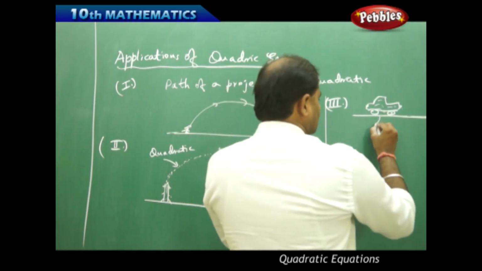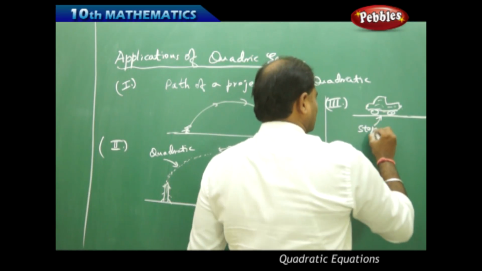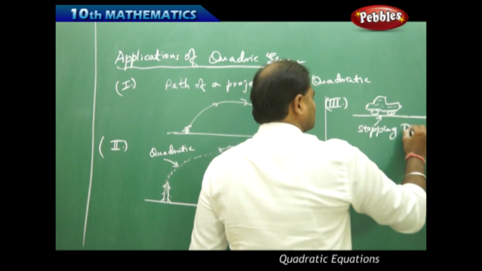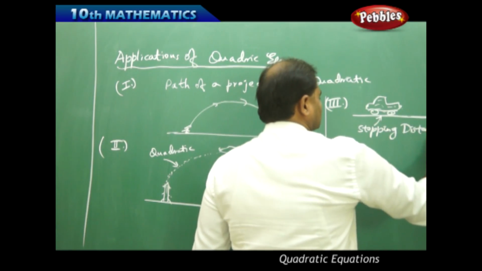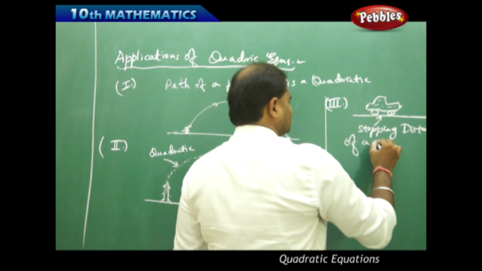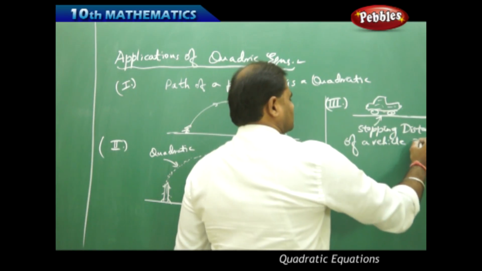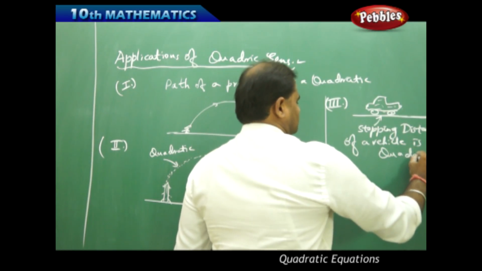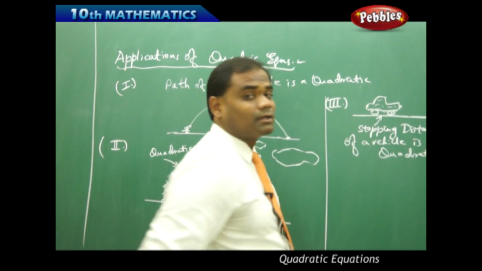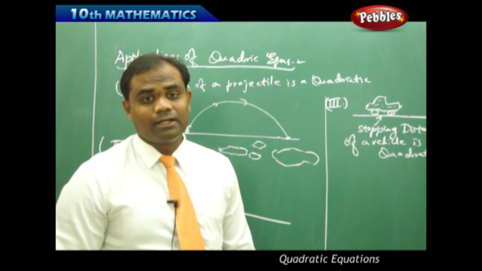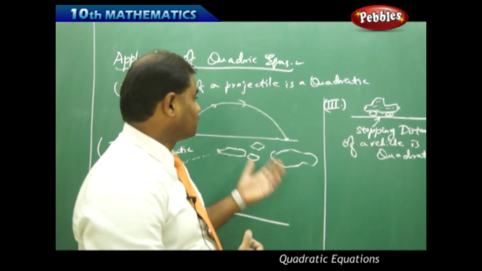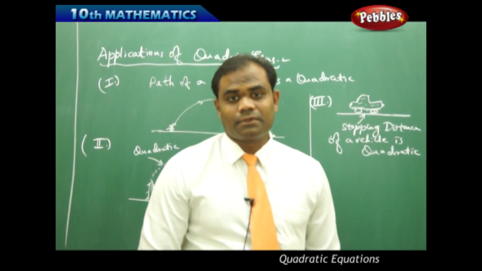The stopping distance of a vehicle is also a quadratic. This is how we understand the various applications of quadratics in real life.